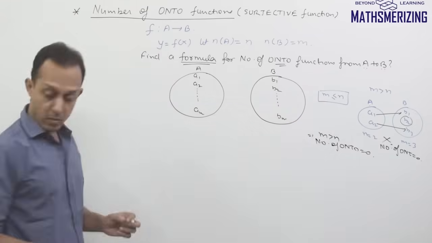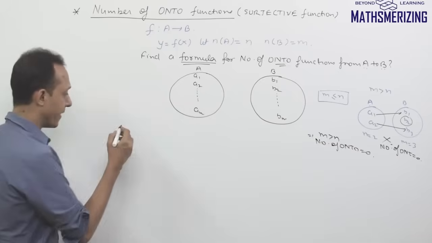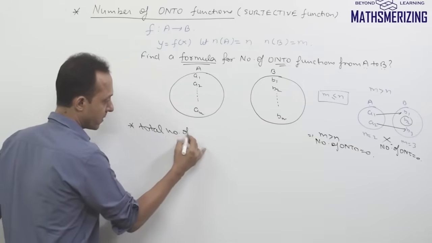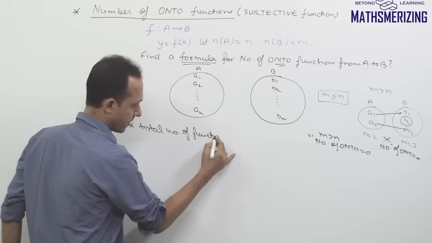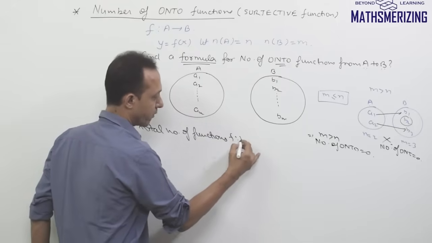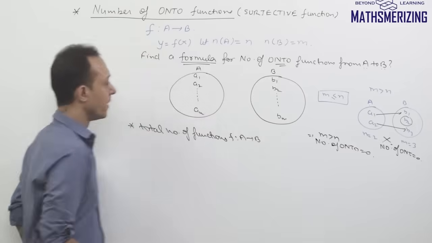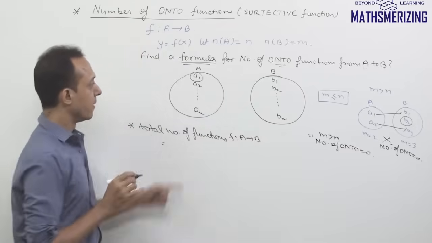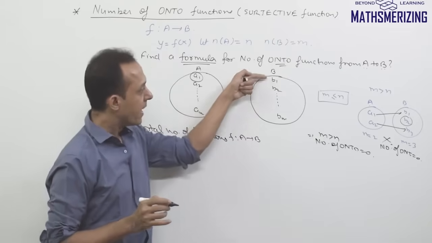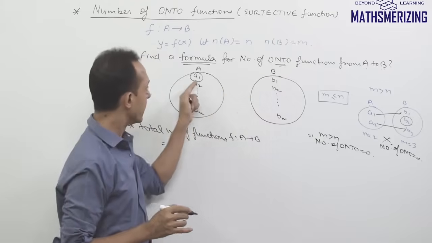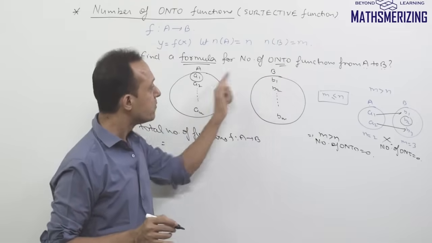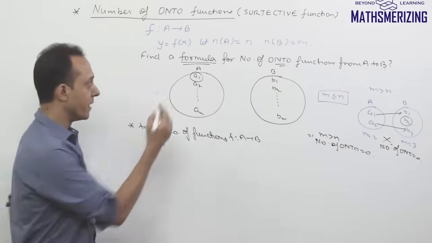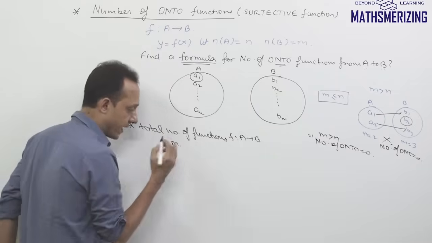So we want to work out a general formula when m is less than or equal to n. One way of doing it is, first I'll find the total number of functions that can be defined from A to B. In order to define a function, for A1 there must be an image. So it can be either B1, B2 up to Bm. So there are m choices, and out of these I need to select any one choice of image for A1. It can be done in m ways.